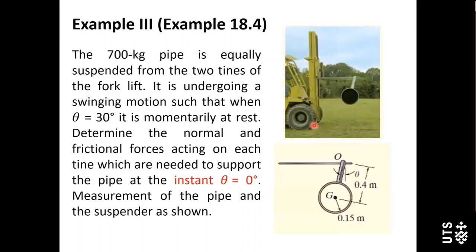The task here is to determine the normal and the friction force acting on the tines. This normal and friction force should be able to support the pipe when theta is 0 degrees, that means when the pipe is at its lowest position.